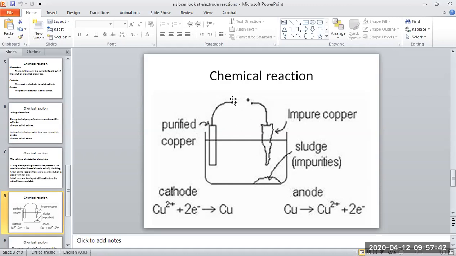This is positive and this is negative. Copper makes a positive ion, and that goes to the cathode, the negative side, and it is deposited here.